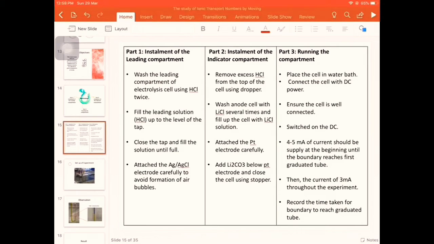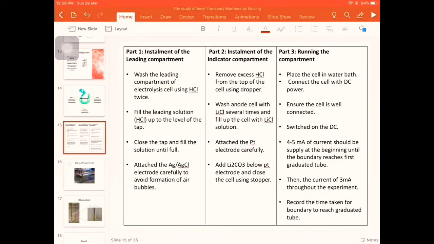And the second part is installment of the indicator compartment. We try to remove the HCl from the top using the dropper, as we fill the first compartment with the HCl and then remove some from the top of the compartment.